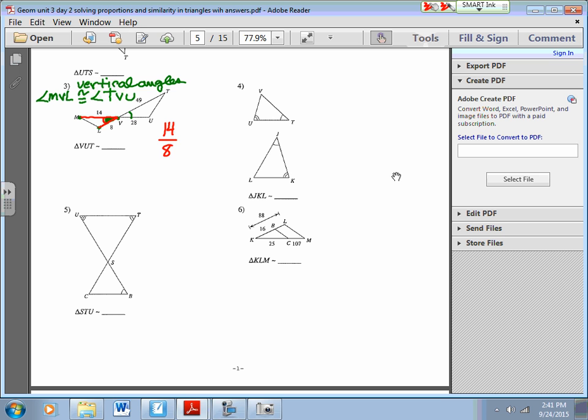So let's say I write 14 over 8. I just randomly chose to do that. What would I have to set them equal to? 49 over 28. Go ahead and check those proportions, see if they're equal.